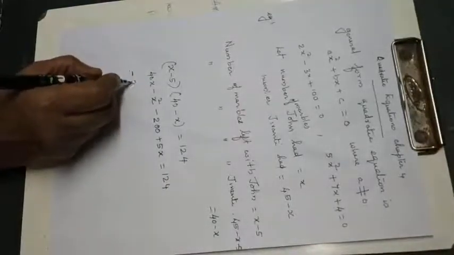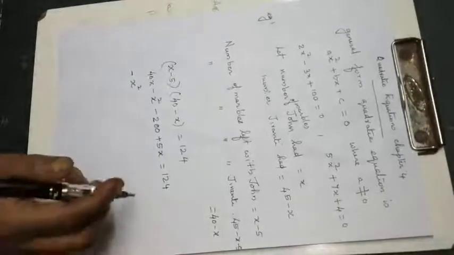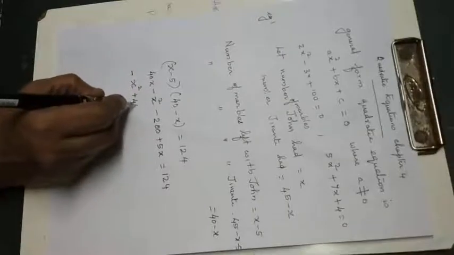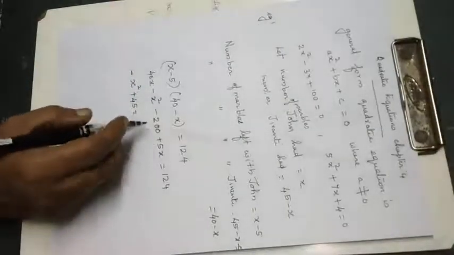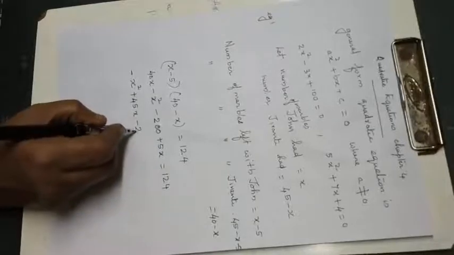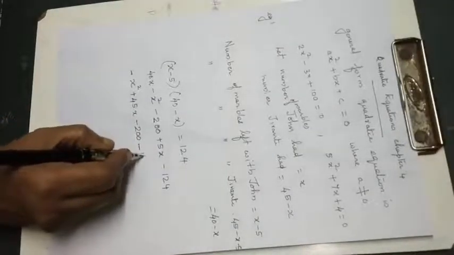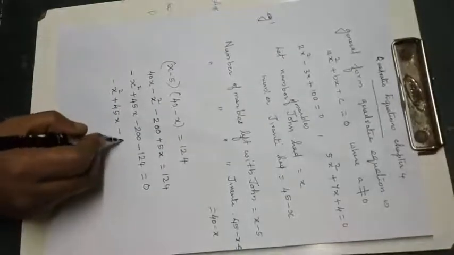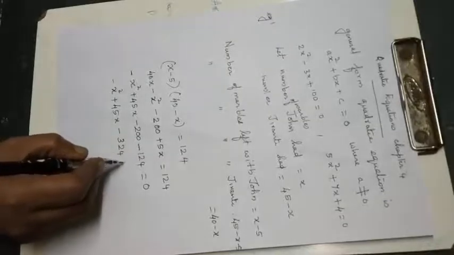So first we write negative x square, then 40 plus 5, 45x, then negative 200 minus 124, that is equal to 0. Or negative x square plus 45x minus 324 equal to 0.